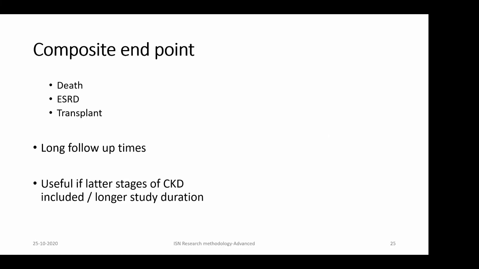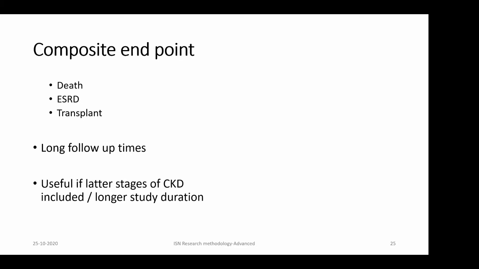Now, I am not taking composite endpoints at this time, but if I select a composite endpoint, what are the parameters which I am going to select? I might select death, end-stage renal disease, transplant, and maybe if you want to have a predefined criteria on GFR reduction, say 50% GFR reduction, that is also going to be fine.